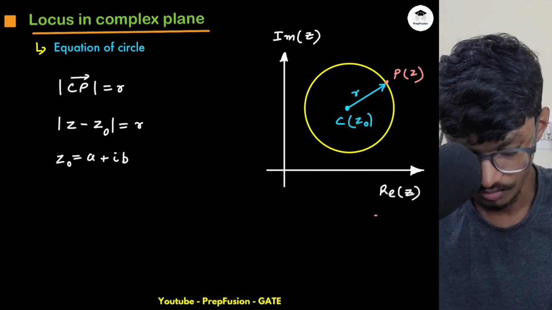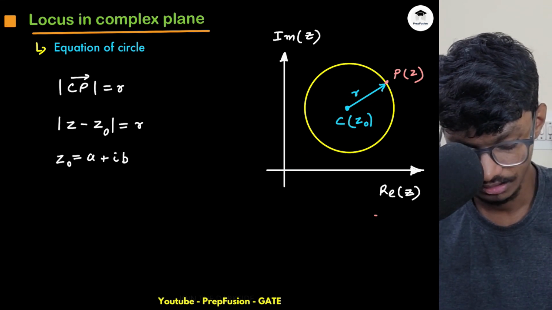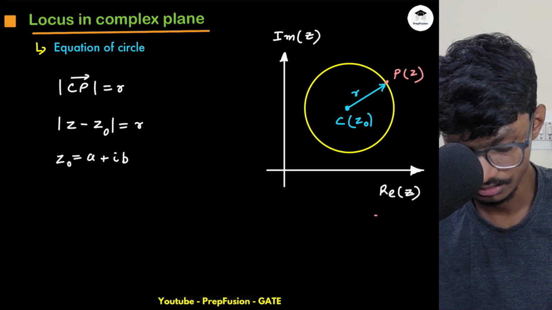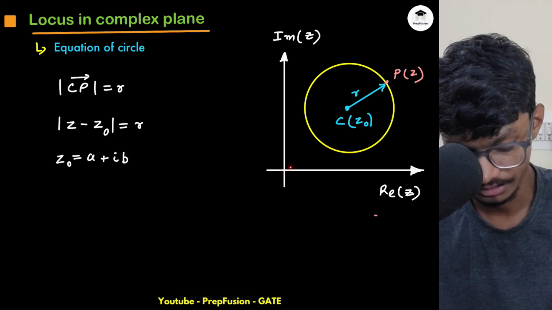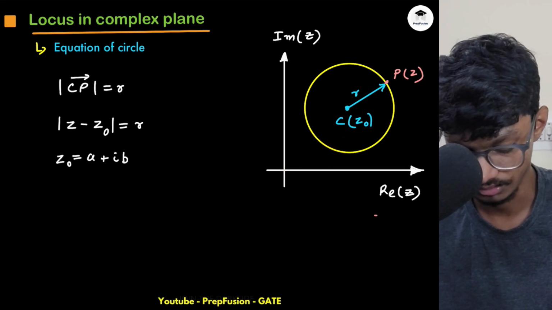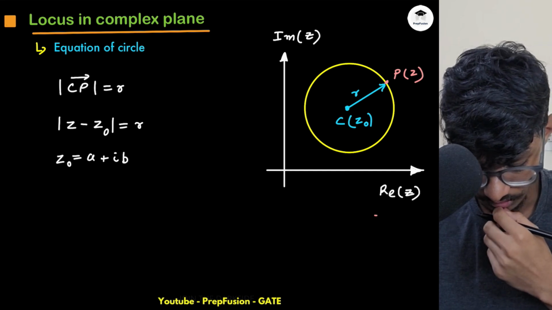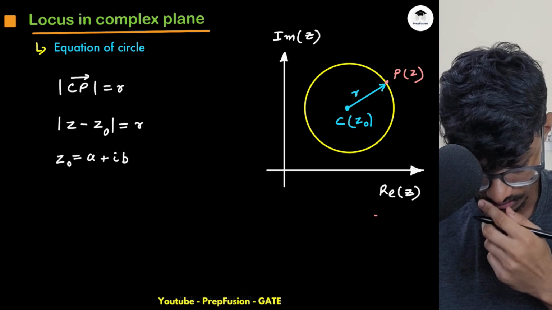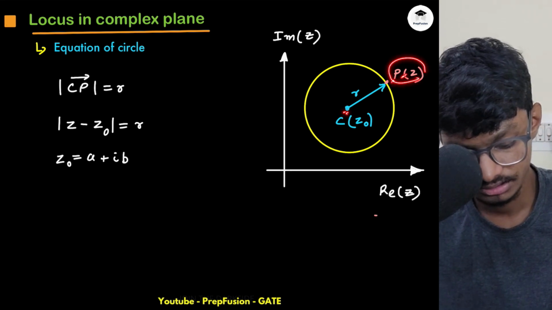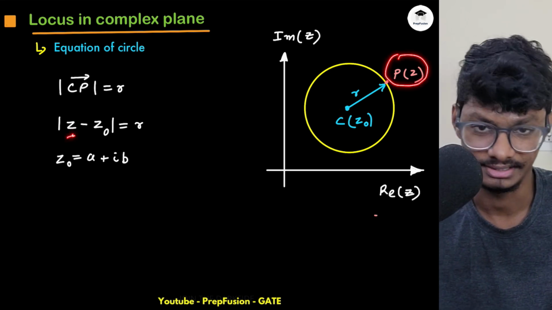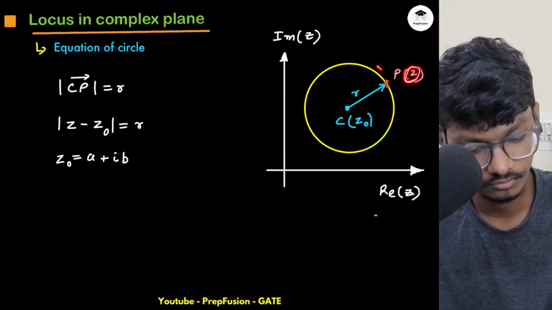z minus z0. So center is here, okay, center has been shifted here. If z is this vector, let's say on this axis, and z0 is this vector, so if I subtract this, what will I get? So z minus z0 equals r. So magnitude of z minus z0 equals, okay, yeah. The distance between these 2 points, this is my z, this is the variable point, right?